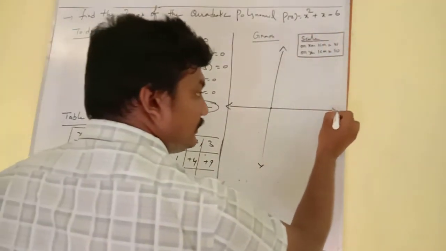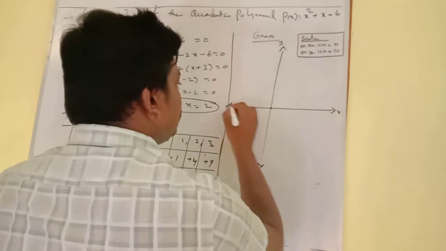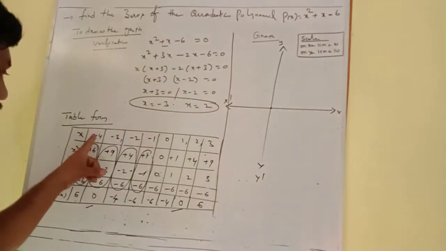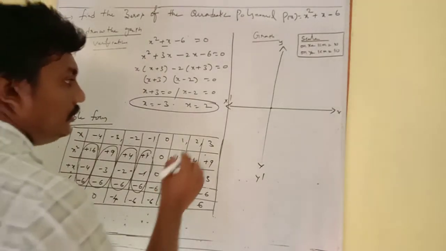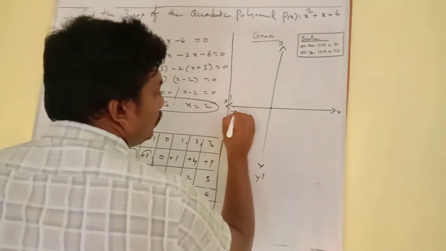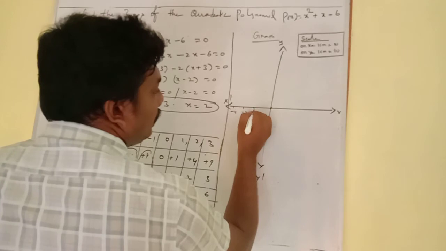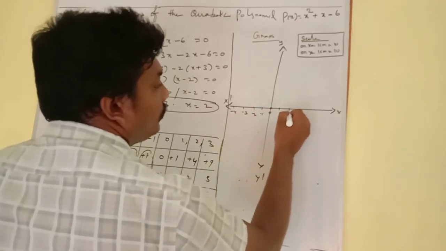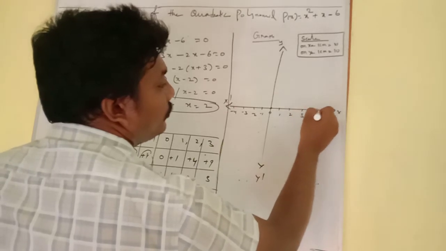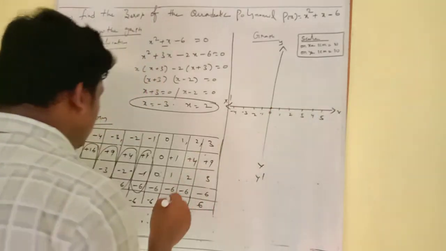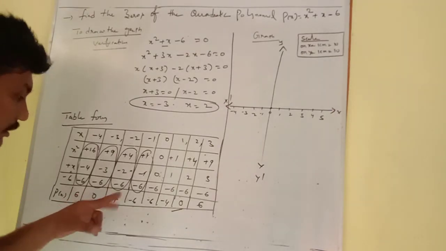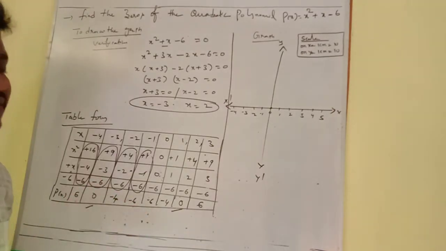So this is the x-axis now. This is the y-axis. This is x dash and this is y dash. Now the values from minus 4 to 3 we have to display. So minus 4, minus 3, minus 2, minus 1, 0, 1, 2, 3, 4, 5 like that. On the y-axis, the big value is plus 6 and the small value is minus 6.